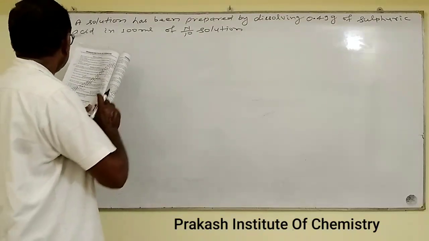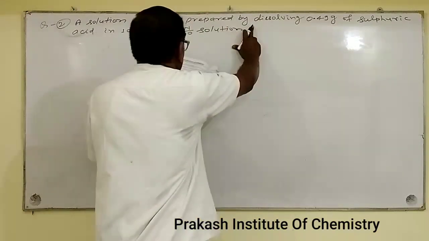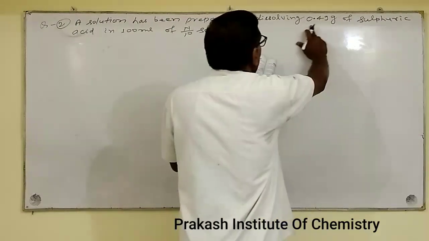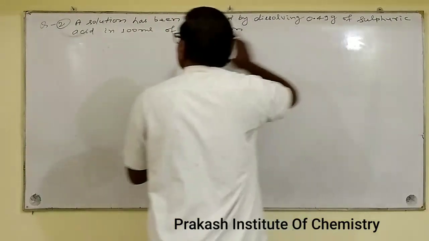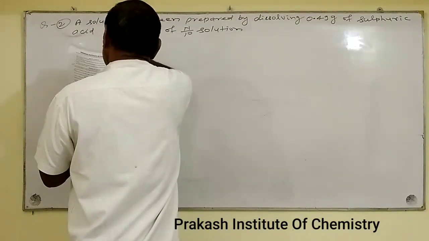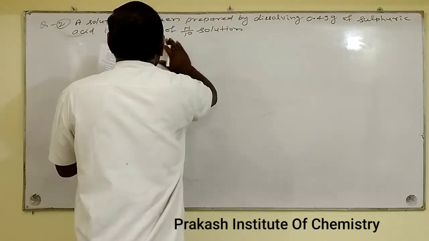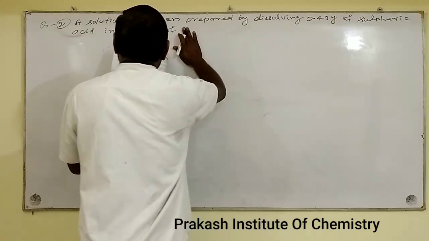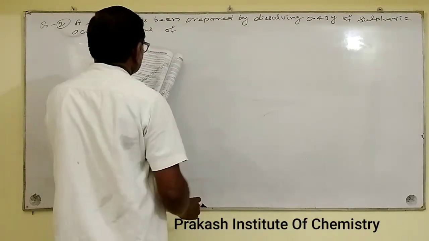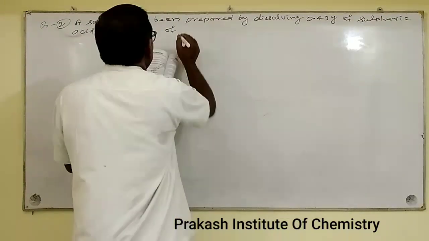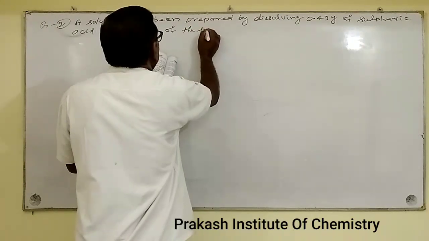Question: a solution has been prepared by dissolving 0.49 gram of sulfuric acid in 100 ml of, it is wrong, 100 ml of the solution.